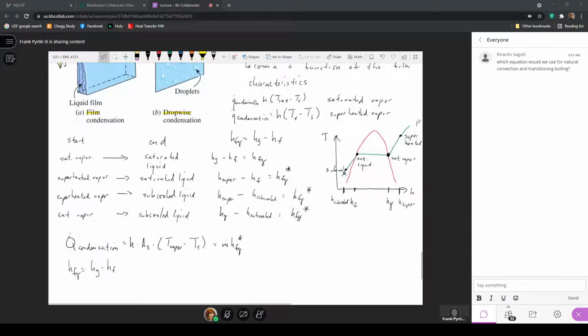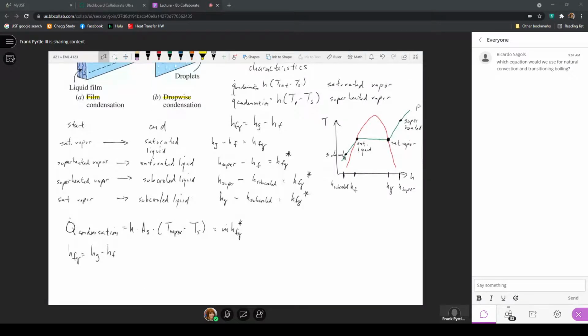If we wanted to modify this, let's say where I'm going from a saturation condition for the vapor down to a subcooled liquid. So here, HFG star will be HFG plus 0.68 C sub PL times the saturation temperature minus the surface temperature.